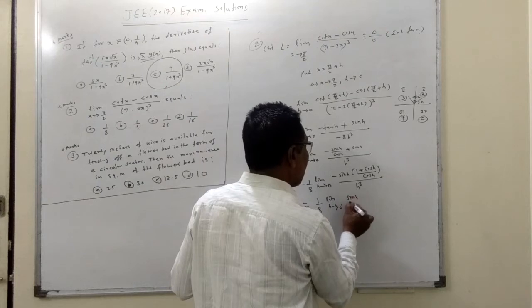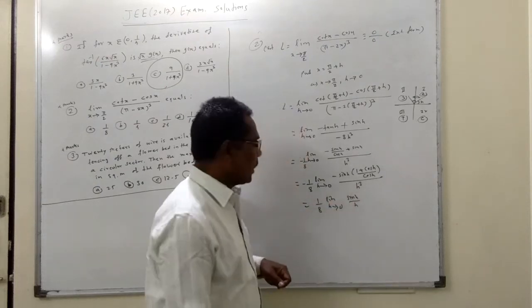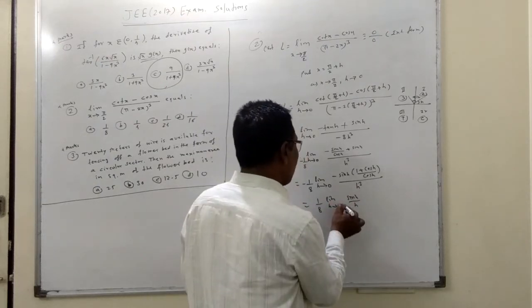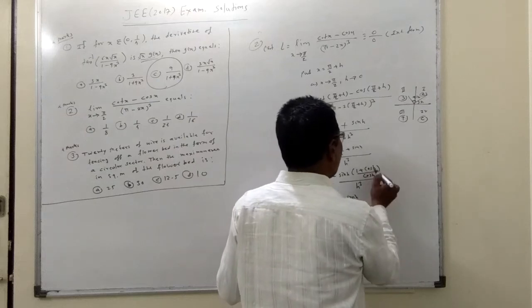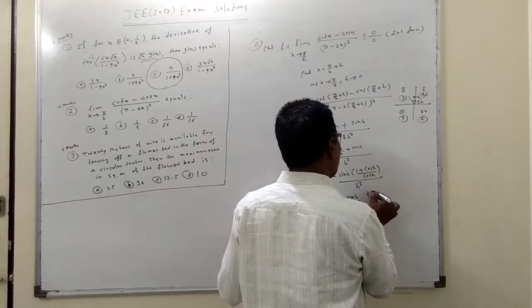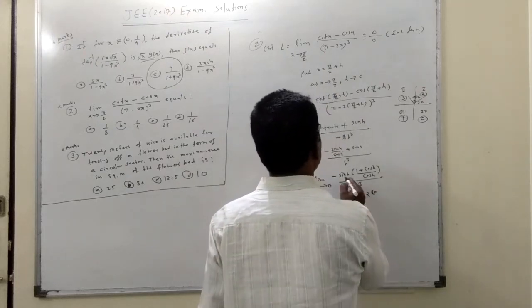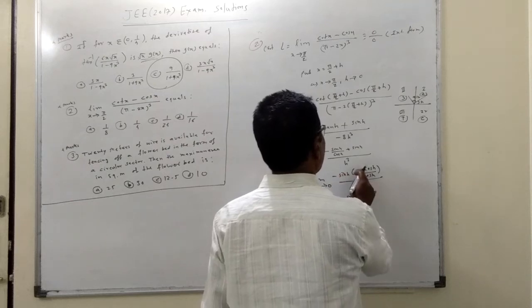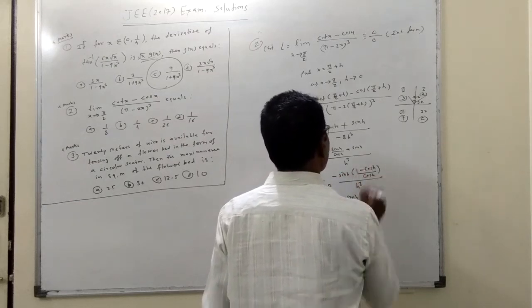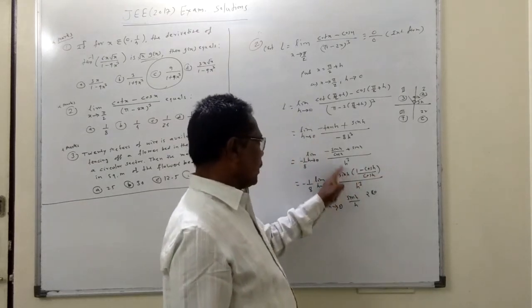Now sin h upon h, you know this one, limit h tends to 0, sin h upon h is 1, formula. 1 plus cos h, 2 cos. Minus sign by anything. So okay, minus sin h will take outside.